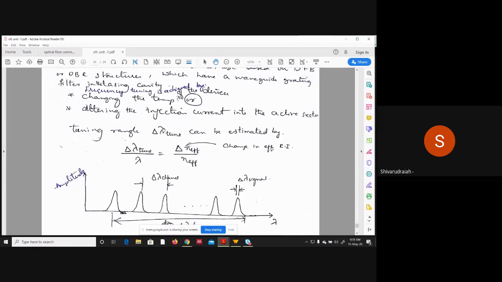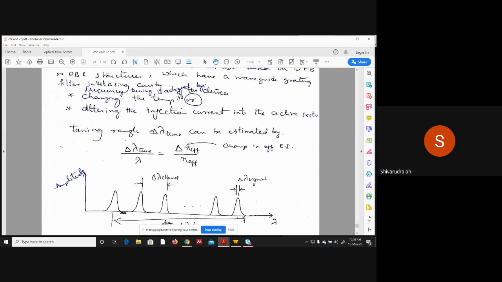In that case, what will be the tuning range? 50 nanometer, 1300 nanometer to 1350 nanometer. So in that tuning range of 1300 to 1350, you can generate 1301, 1302, 1305, 1307, like that. You can generate different wavelength signals. So that will be the tuning range, 1300 to 1350, for example.